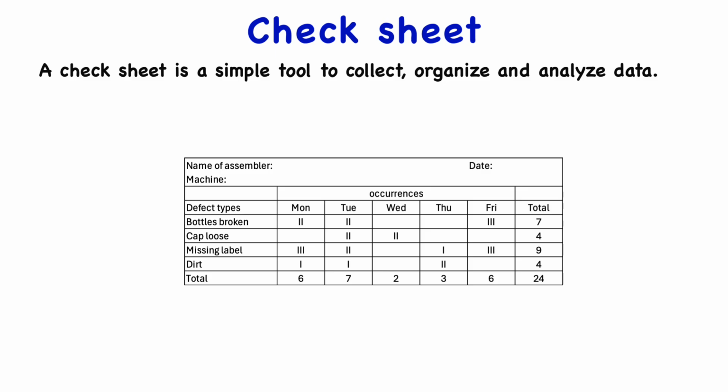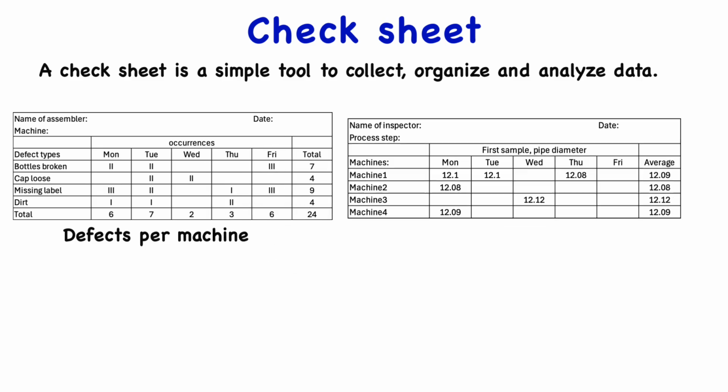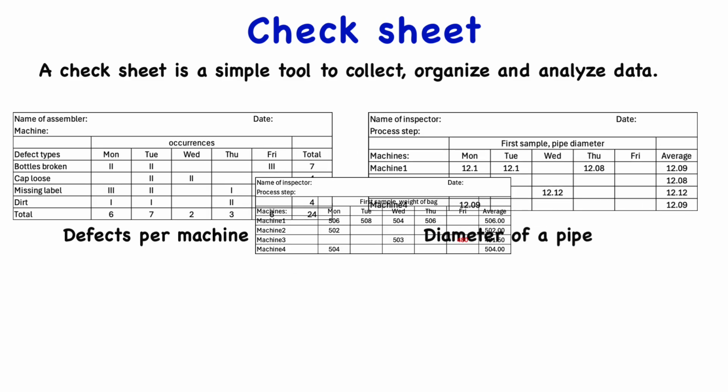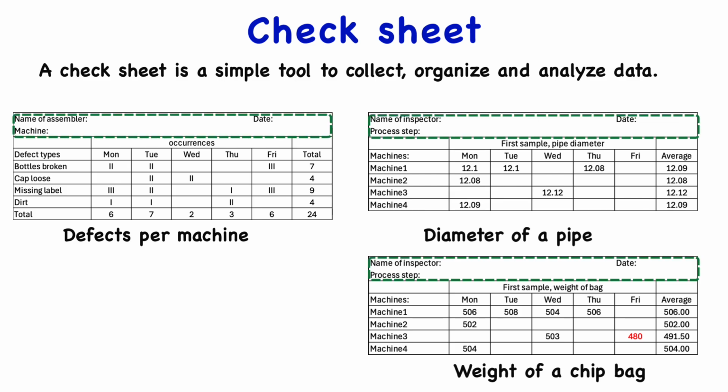You can use it to capture defect quantity per machine or shift, or you can capture continuous data, like the diameter of a pipe or the weight of a chip spec. It must include traceability data, like who is collecting the data, who is managing the equipment, when the data was collected, where in the process was collected, to give some examples.